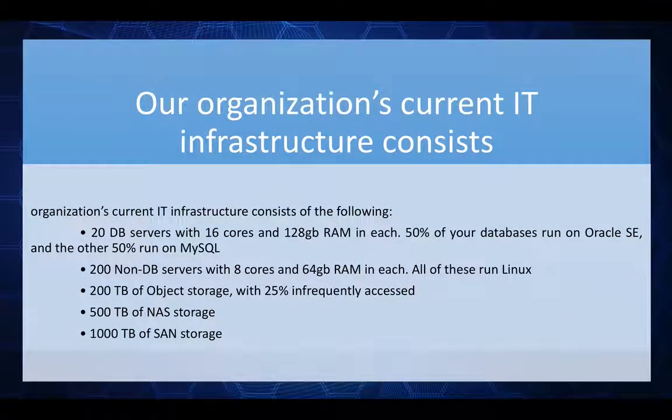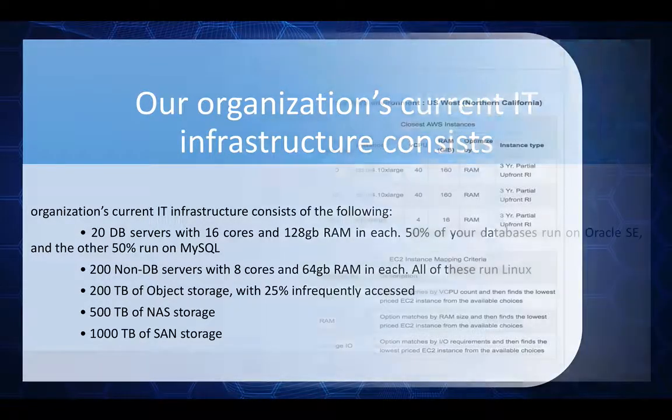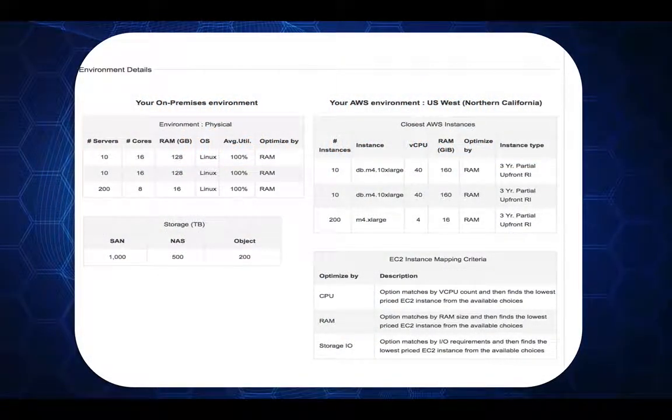We are using in this project our current IT infrastructure constraints: 20 DB servers, 200 non-DB servers, 200 terabytes, 500 terabytes, 1000 terabytes. We're using the AWS calculator, and this is the requirement.